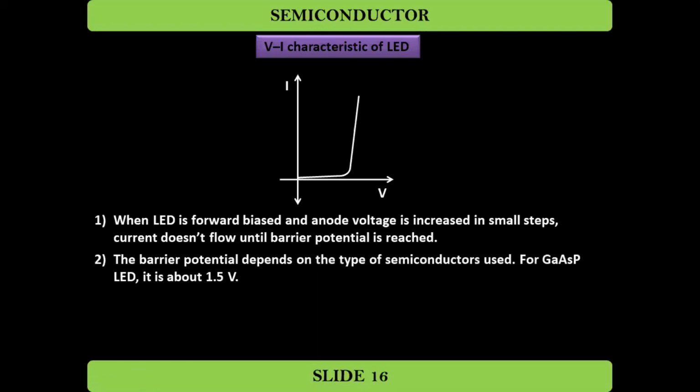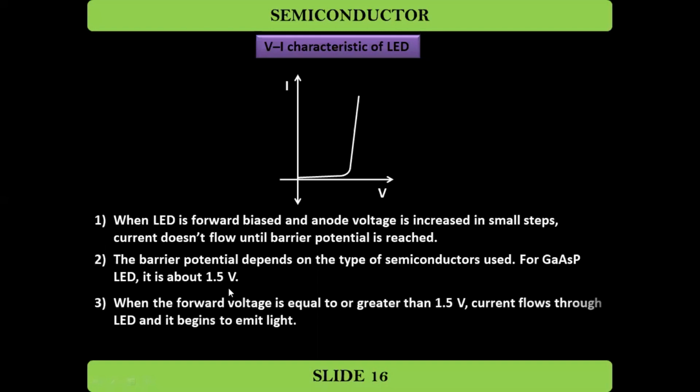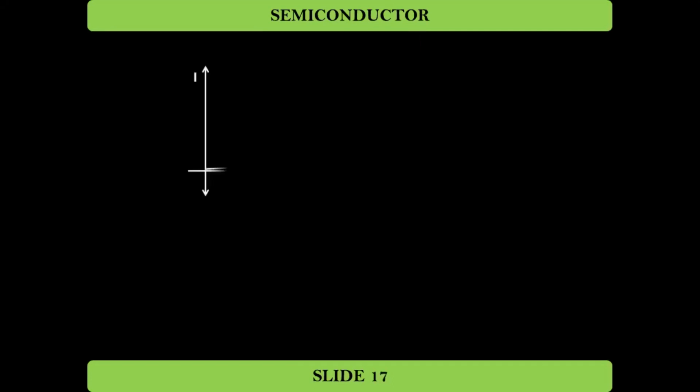The barrier potential of an LED depends upon the type of semiconductor used. For a gallium arsenide phosphide LED, this barrier potential is around 1.5 volt. If the forward voltage is equal to or greater than this, current will flow and the LED will start emitting light.